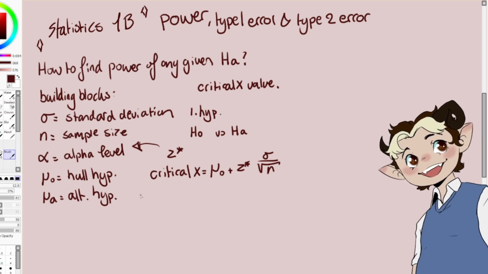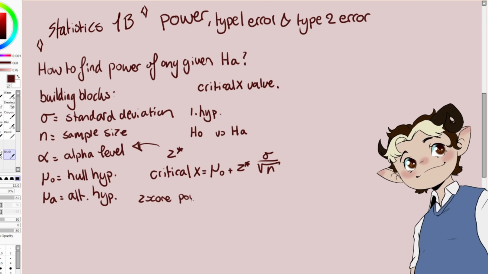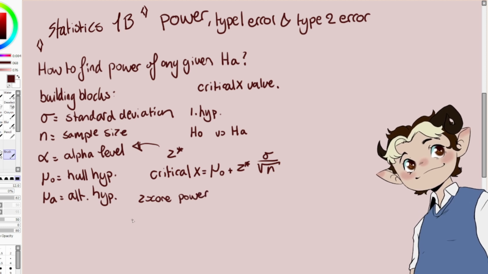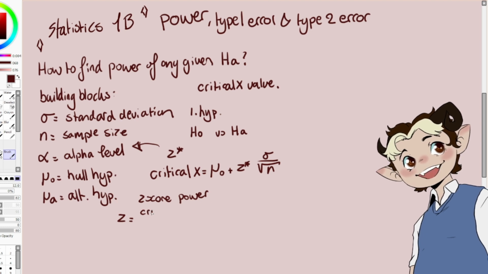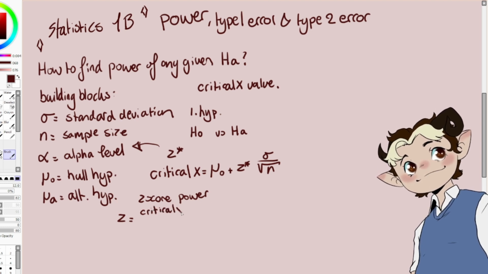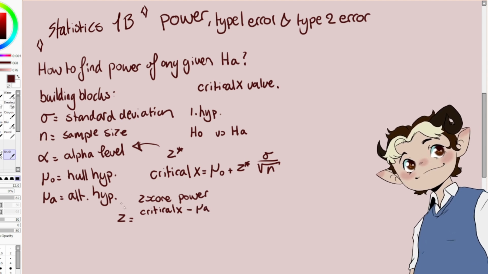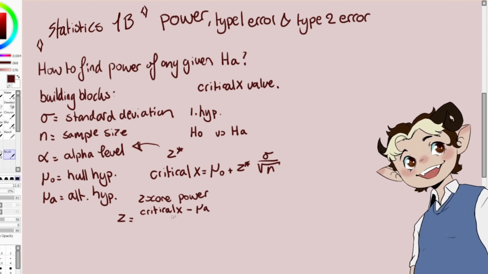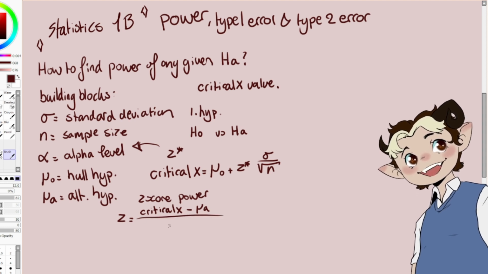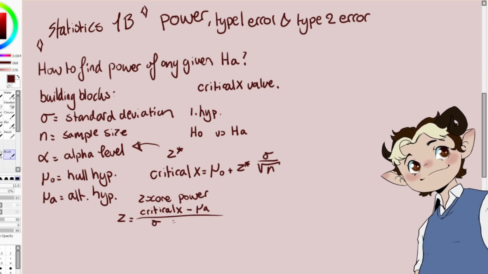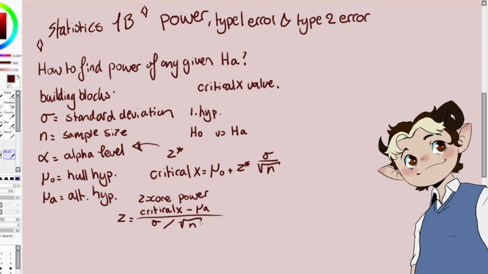Then we need to find our z-score for our power. You do that by doing z is critical x minus our alternative hypothesis, which we're going to choose by ourselves. We're going to go over that when we look at the example. That is divided by the standard deviation divided by the square root of n.